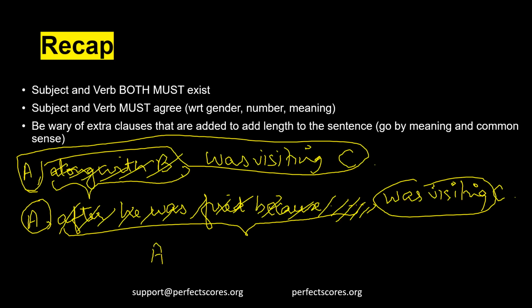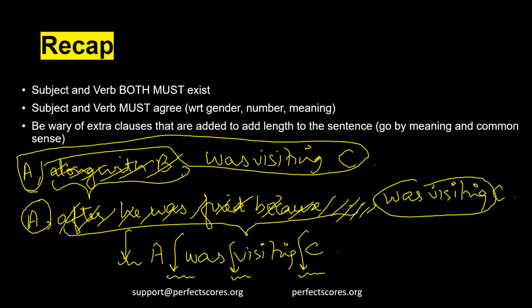Usually, they start with a very simple sentence. For example, A was visiting C. And now you can't get such a simple sentence in GMAT. So what you need to do is you need to complicate the sentence by adding stuff wherever you can. So probably something will be added here, something will be added here, probably an adverb will be added here, and something again will be added here.